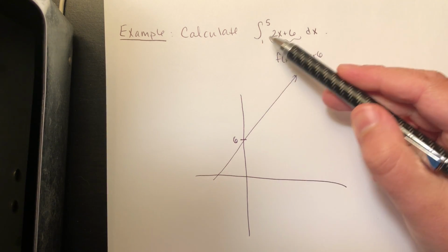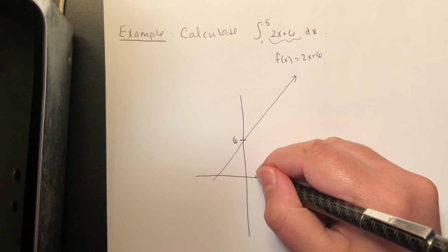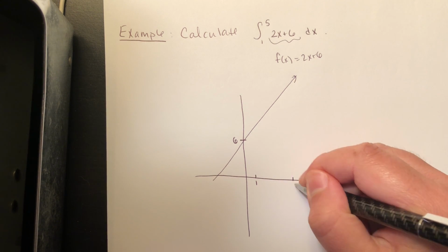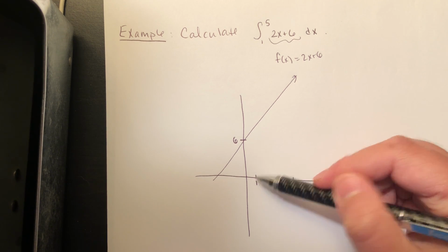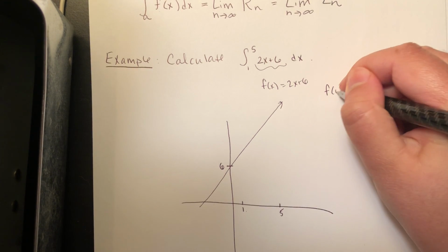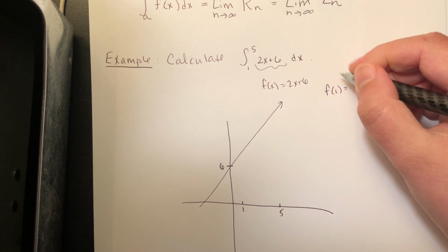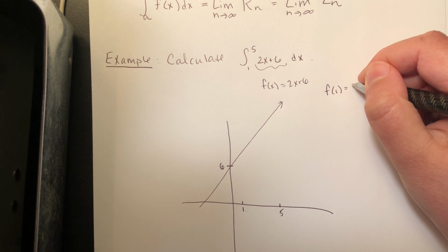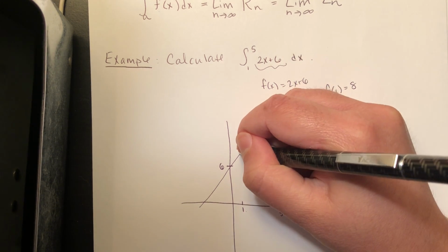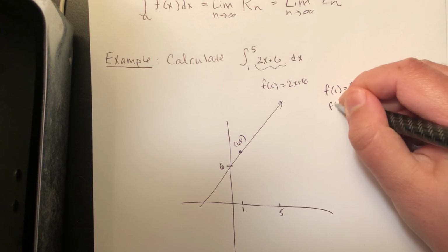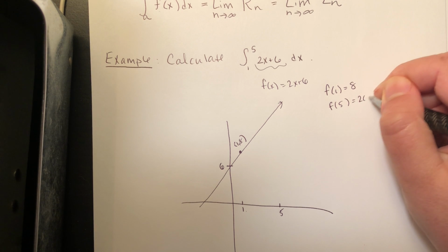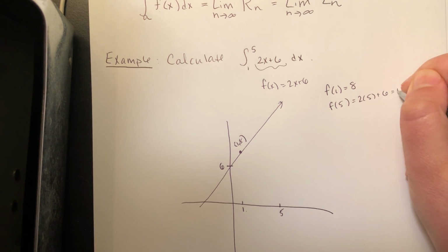And so if we're looking at the interval from 1 to 5, I'm going to have to scale this a little to actually get a sense of what this looks like. Well, f of 1 would be 2 times 1 plus 6, which is 8. So we've got a point on the curve here at 1, 8. f of 5 would be 2 times 5 plus 6, which is 16.